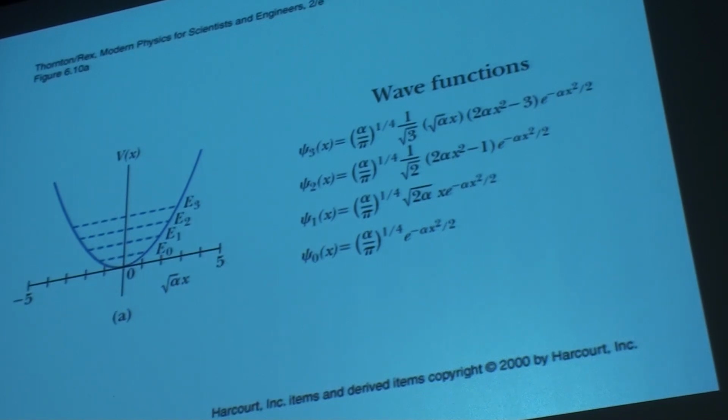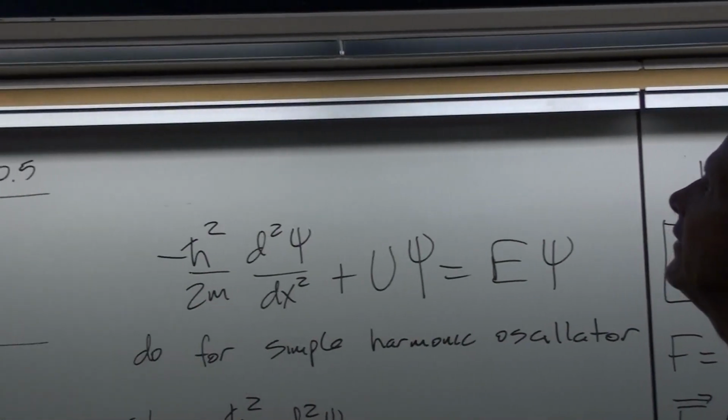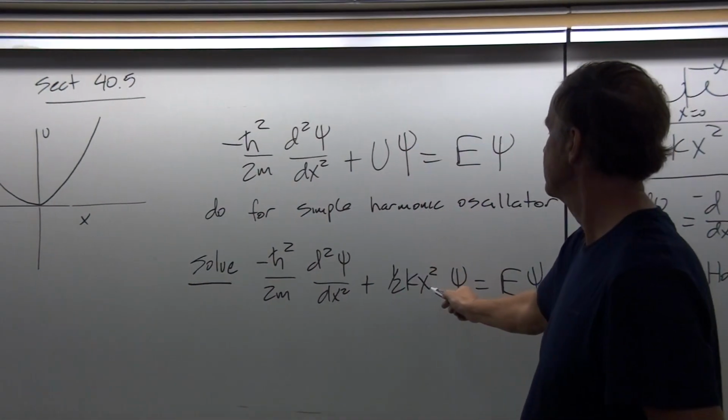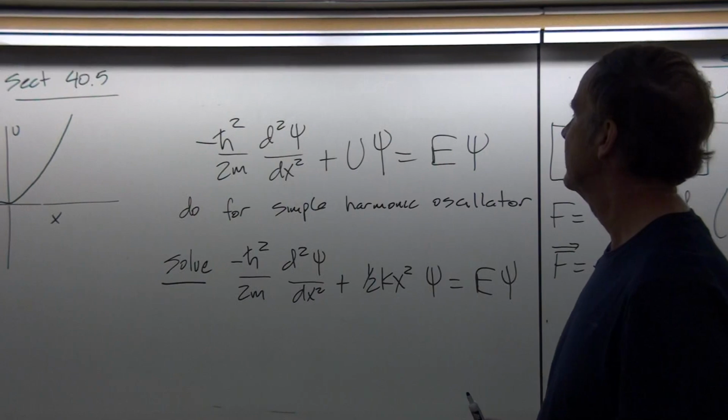This actual solution can be verified by taking each one of those functions, taking the second derivative with respect to x, and plugging it in with the harmonic oscillator potential equaling 1/2 kx squared.